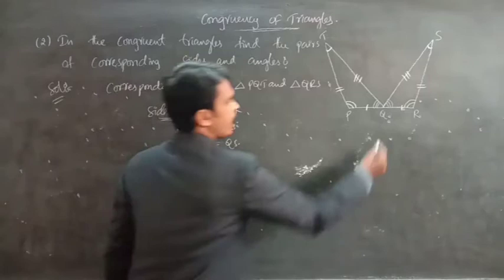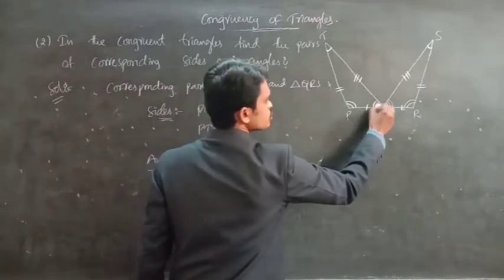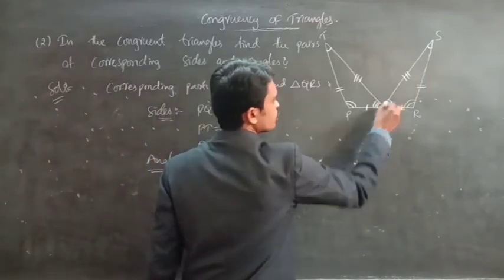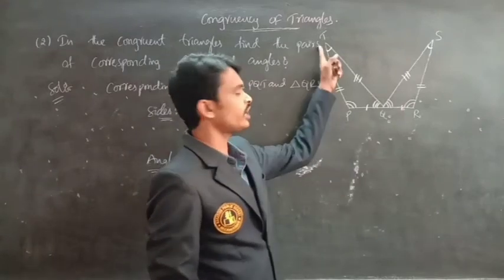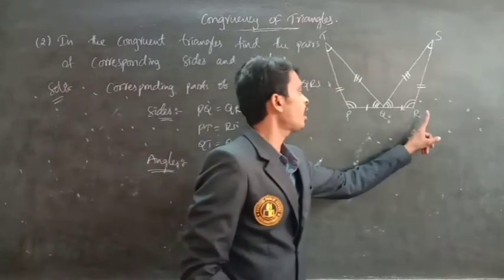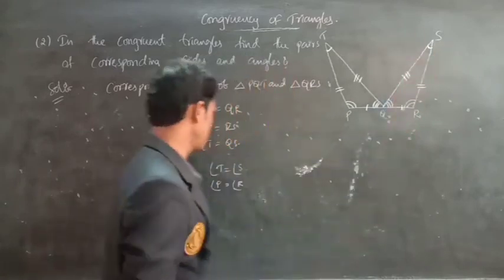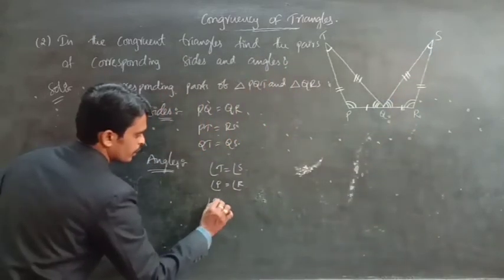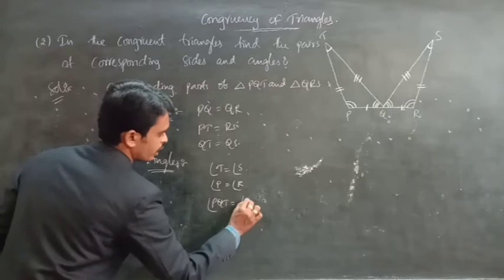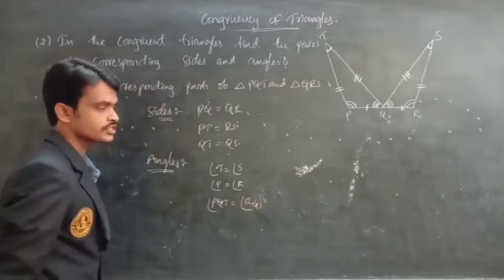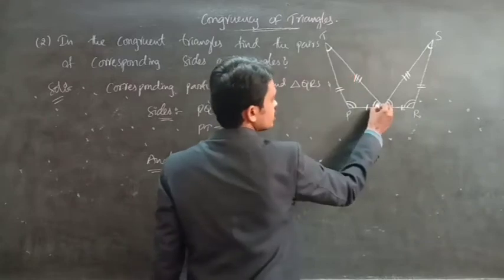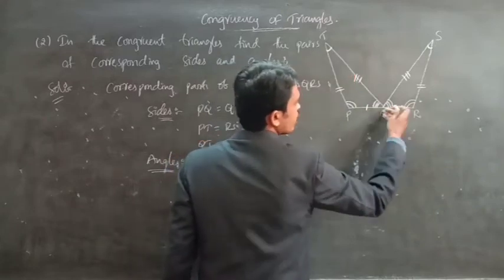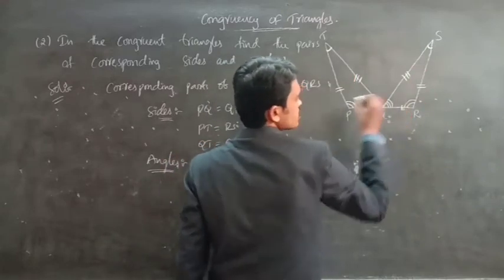And angle Q, the included angle, we will write as angle PQT is equal to angle RQS. In this way, angle PQT, this angle, is equal to angle RQS, this angle.